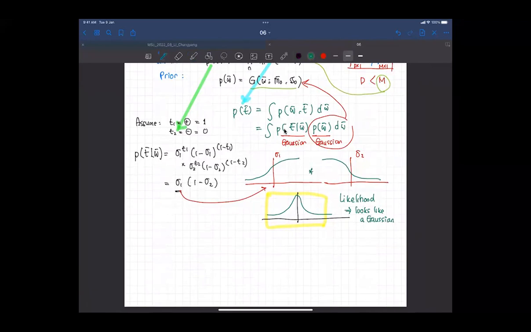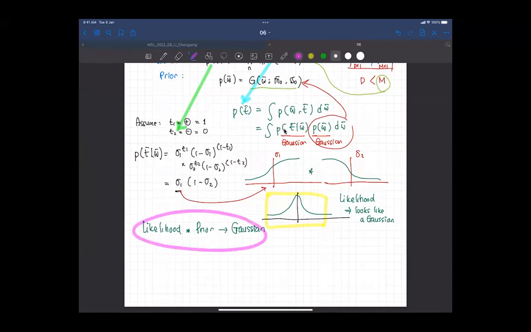So the basic idea is that the likelihood multiplied by the prior is forced to be Gaussian. We try to force the shape of the multiplication between likelihood and prior to be Gaussian.